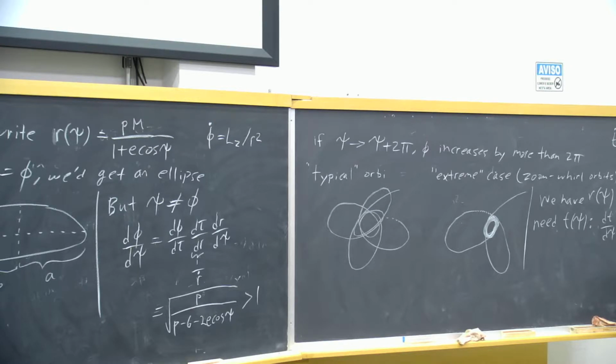And then d tau dr dr d psi, same way as we did over there. So we can write that as just t dot of r of psi over r dot of psi times dr by d psi. And so this is some function of psi. You can then solve to get t as a function of psi.